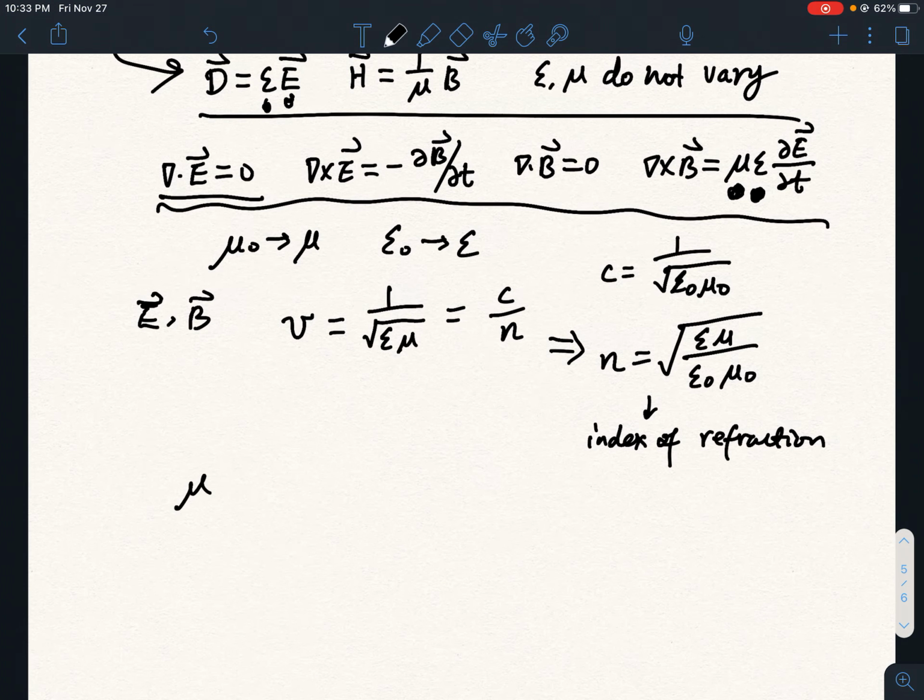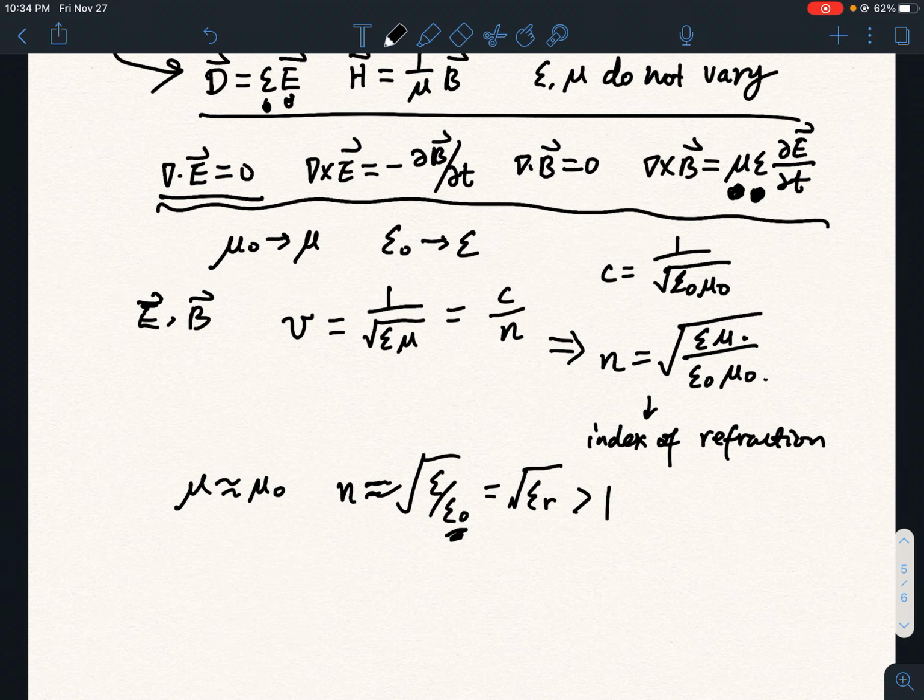We know that for most materials, mu and mu 0 are very similar to each other, so they can cancel. So n at the end is approximately the square root of epsilon divided by epsilon 0. And we know that epsilon is often bigger than epsilon 0, because epsilon 0 is the value in the vacuum. So this becomes epsilon r, which is the dielectric constant, often greater than 1.